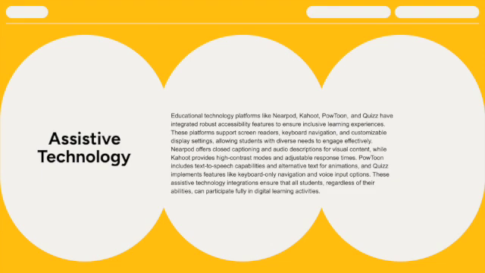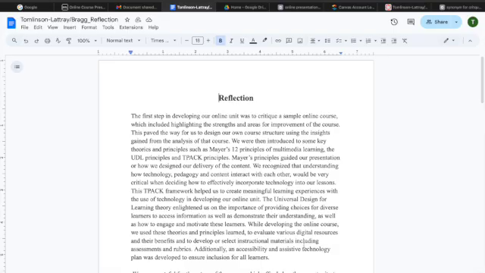We use Powtoon for the UDL. That was a part of one of the assessments that we were giving. Quiz implements features like keyboard-only navigation and voice input options. These assistive technology integrations ensure that all students, regardless of their abilities, can participate fully in digital learning activities.